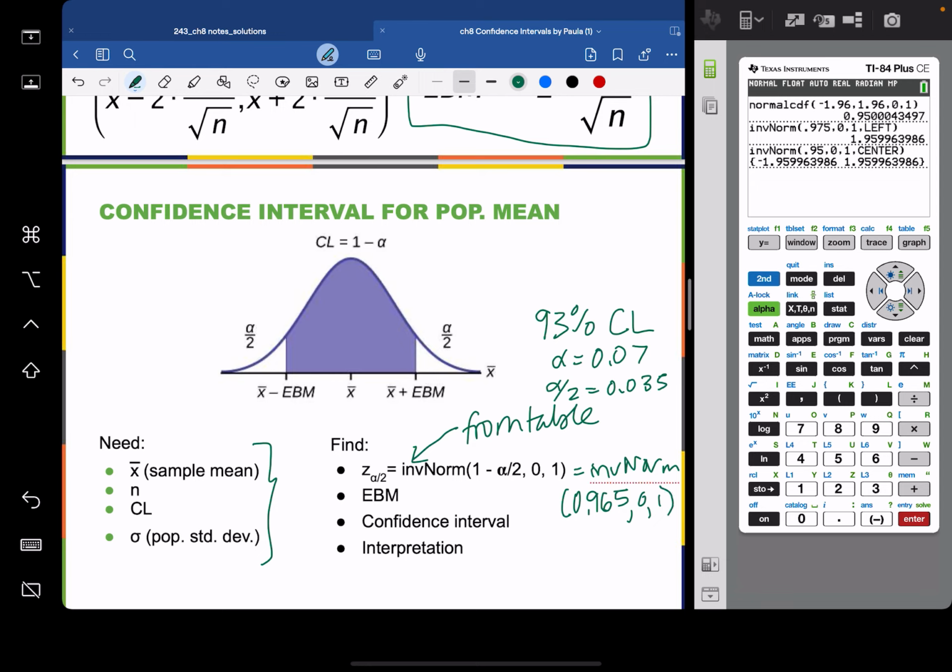So it's a little annoying and convoluted, but not too bad. Once you have your z-score, then you go through the EBM, z times sigma over root n, no big deal. And then you do x bar plus or minus your EBM, and then you make your interpretation of it.